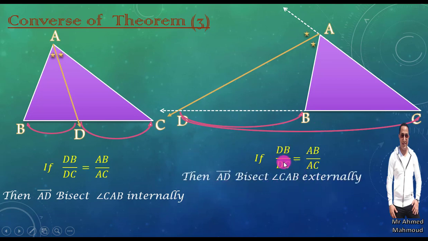Again, if DB over DC equals AB over AC, then AD bisects angle CAB externally. This is the proportion we need to prove that a line bisects the angle. Let's start example 1.